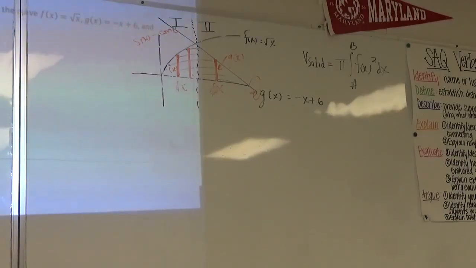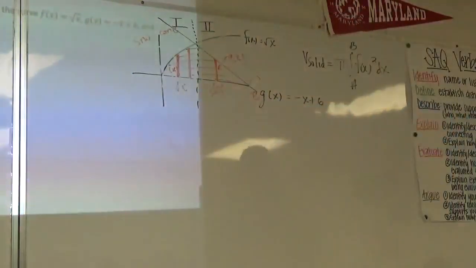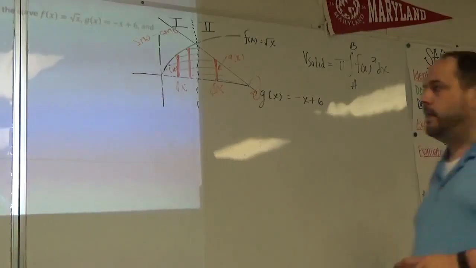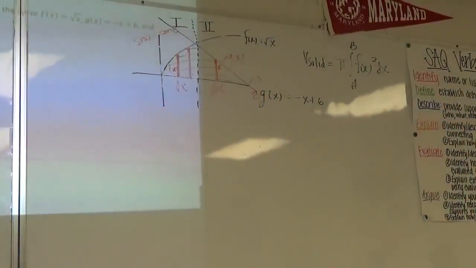I thought it was just two separate integrals and then you add them together. Yeah, I want to see the integral set up. From 0 to A, we just did this, f of x squared dx plus the integral from A to, what's the other endpoint?